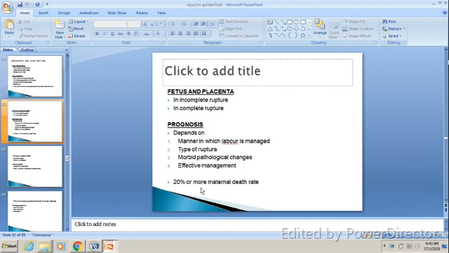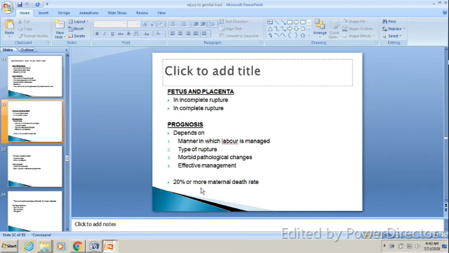Second, the patient complains of sudden giving way, and there is hematuria. The earliest sign is fetal distress. So if you are monitoring properly, you will take the patient to the OT earliest and do laparotomy, and then you can save the patient.